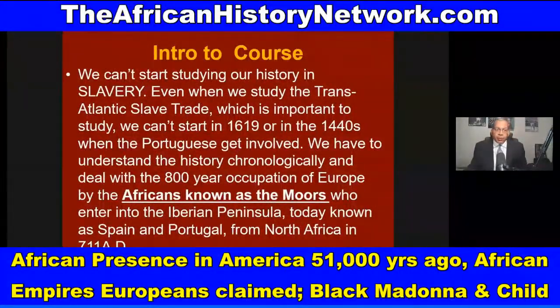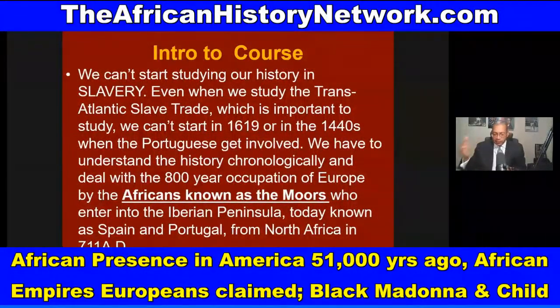We have to understand the history chronologically and deal with the 800-year occupation of Europe by the Africans known as the Moors, who take the teachings from ancient Kemet, ancient Egypt, into the Iberian Peninsula, today known as Spain and Portugal. It's going to be these teachings that the Moors take into Europe from the Nile Valley region of Africa that bring Europe out of the Dark Ages.